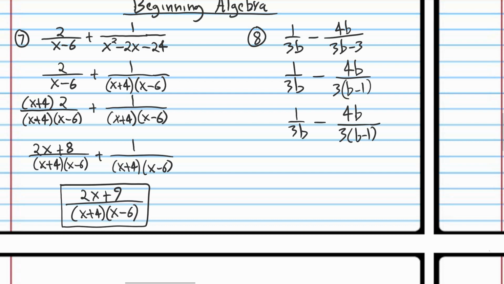So we have 3's. They both have 3's, so we don't need to worry about the 3's. But the problem is we have a b minus 1 here, but we don't have a b minus 1 on this fraction. So we're going to have to multiply both sides of this fraction by b minus 1.